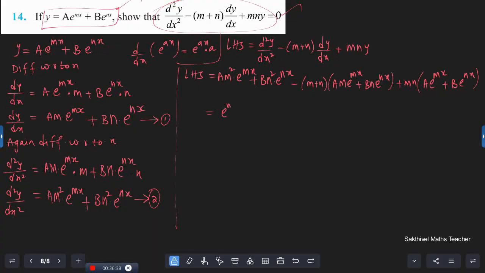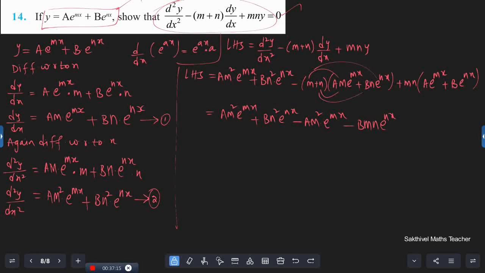First, a m square e power mx and b n square e power nx. Now, children, this is m plus n. If you multiply inside along with the negative, first take minus m and multiply in both: minus am square e power mx, minus bmn e power nx.